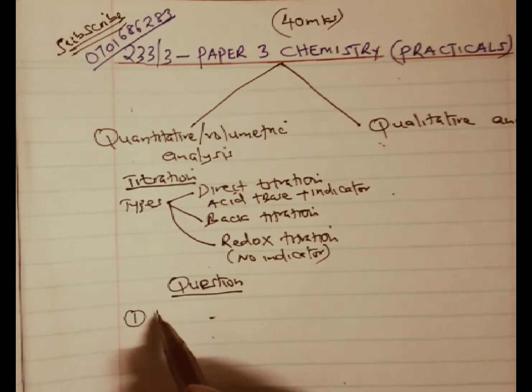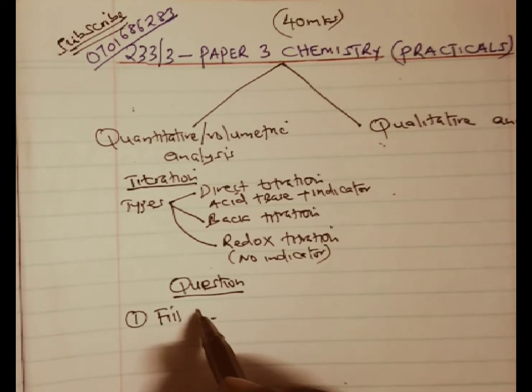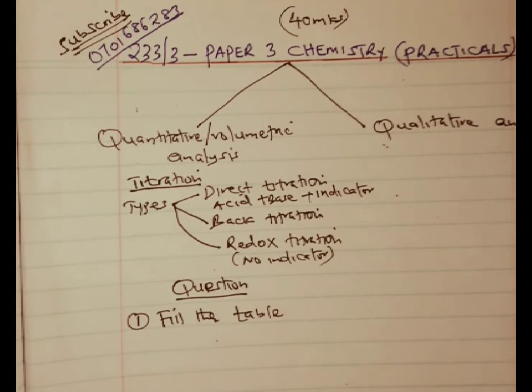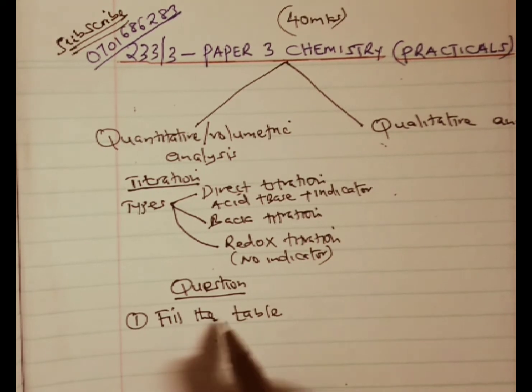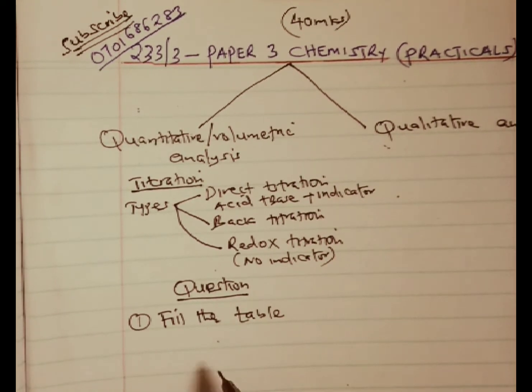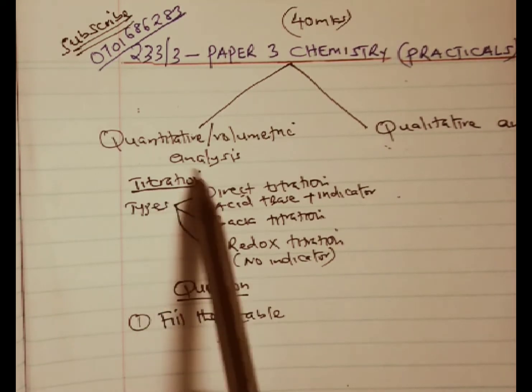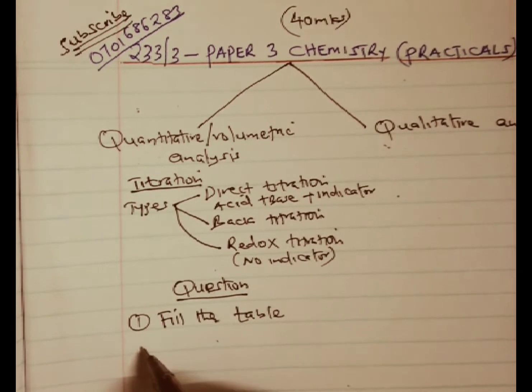One, you'll be required to fill the table. And filling the table will give you up to 4 marks. And I'm going to show you the kind of table that you always expect anytime we are doing a titration experiment.